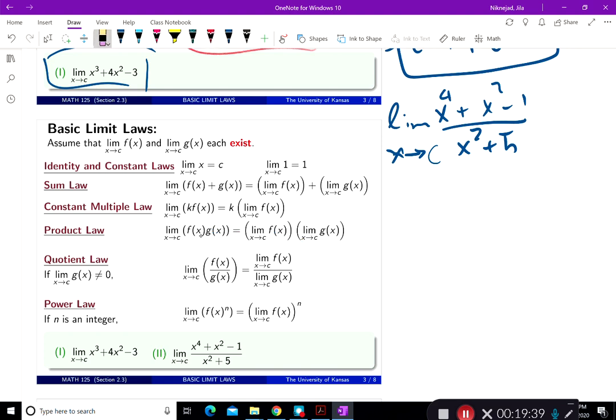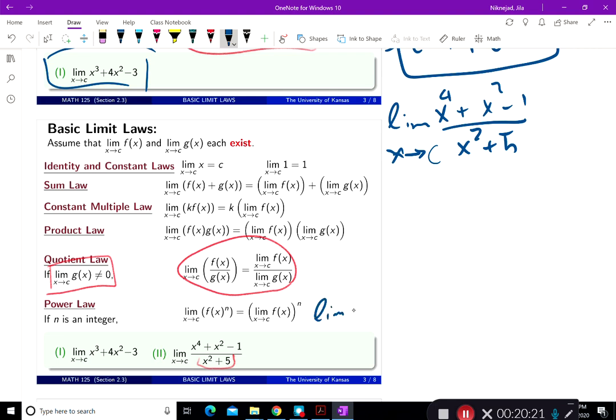To use the quotient law, we know that the limit of a polynomial we can find just by plugging in, by the previous example. So that's what I do, because when I'm trying to find the limit of the quotient, I have to find the limit of the denominator first. The denominator here is a polynomial.